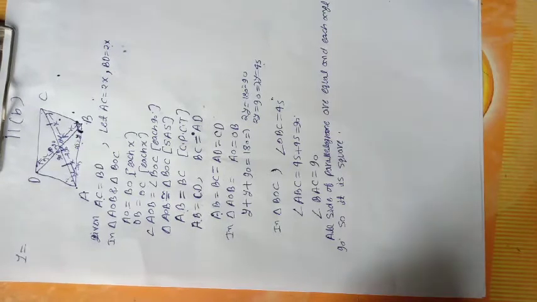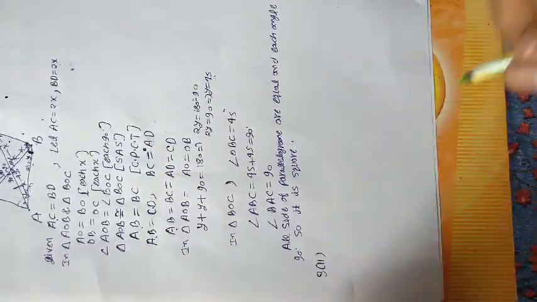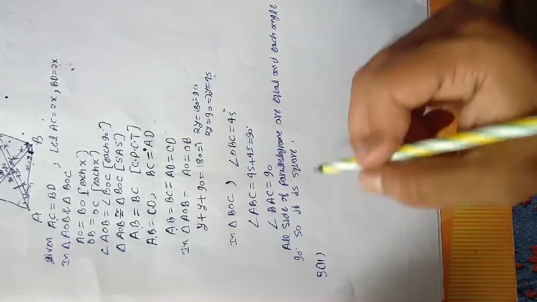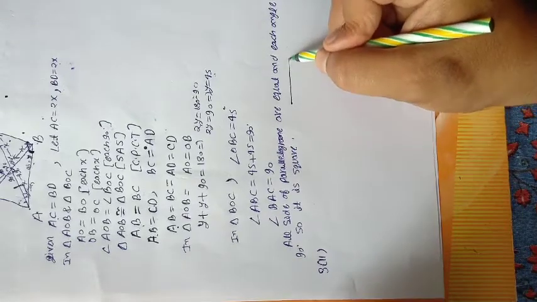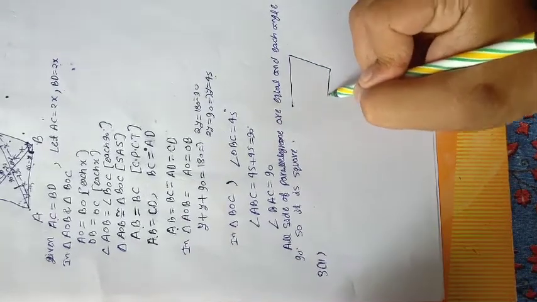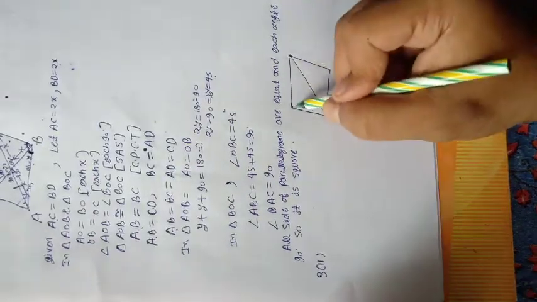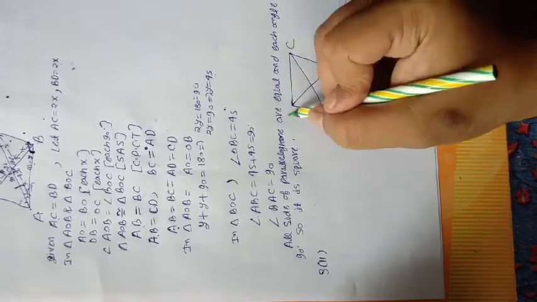Okay, now we have to find the next question, number 3, second part. Diagonals of a rhombus are at right angle. Suppose it is a rhombus ABCD.